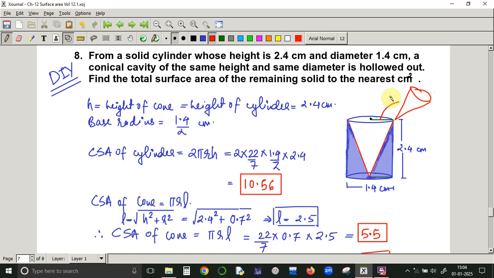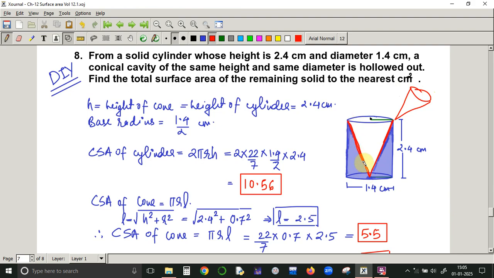So this shape is out from this cylindrical object. So volume is gone out. So we have to subtract volume, but we are not dealing with volume over here. Once this much volume is gone, this is empty space. We cannot touch here. But if we put a hand, we can touch these edges or this surface.